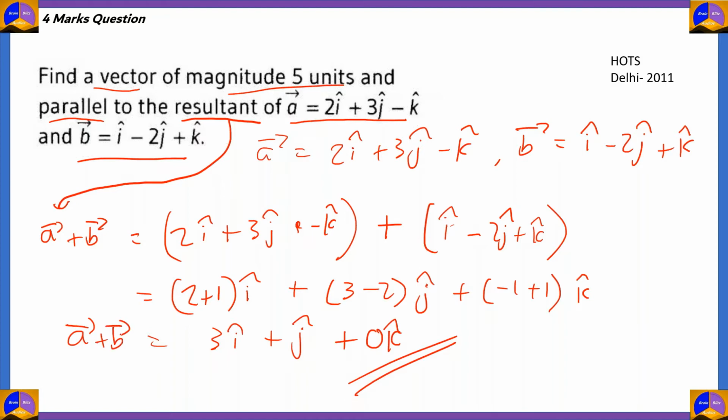Now we need to find out the modulus so that then we can find out the unit vector, which is parallel to a bar plus b bar. And once we find that unit vector, we just multiply by the magnitude 5 units in order to get the required vector.